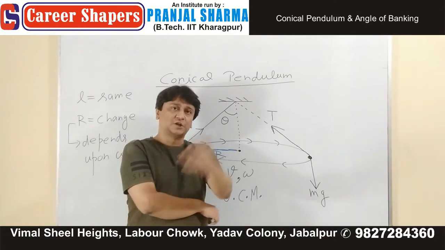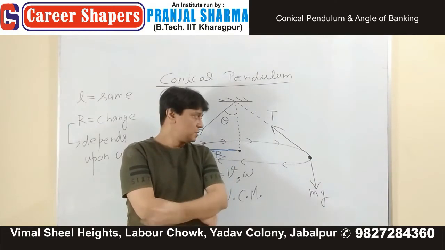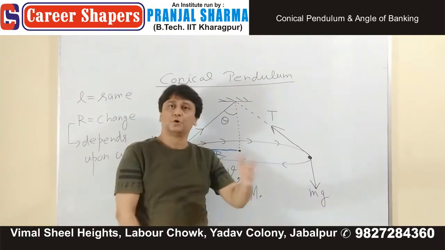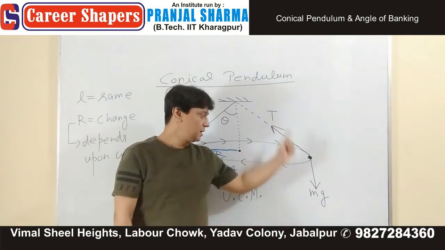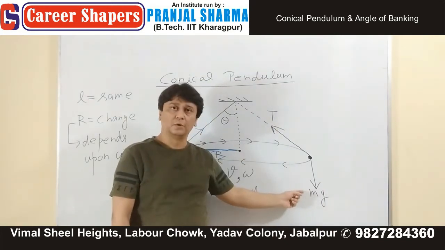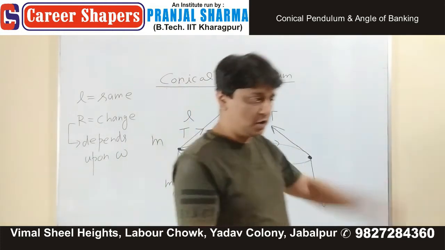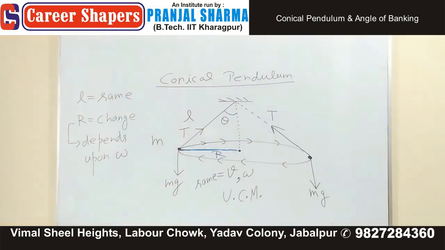This is something which is coming from laws of motion. What do you think? Which one should be resolved into components, T or mg? And try to think of the logic which I gave you, which decides which one should be resolved in its components.